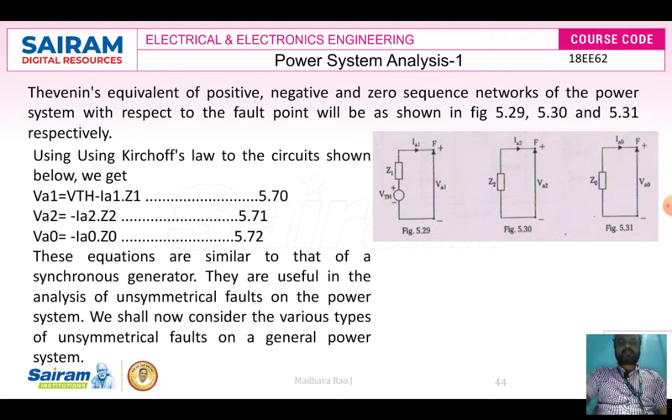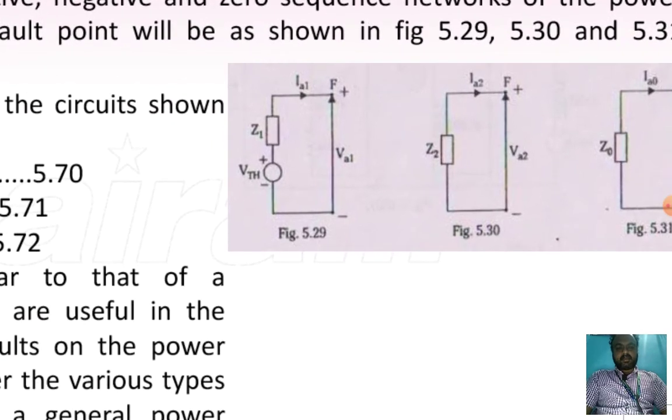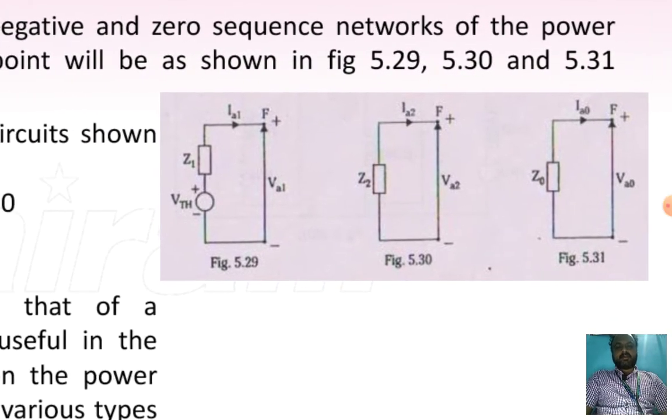Okay, here we can see Thevenin's equivalent circuit for positive, negative, zero sequences as shown in this figure. So here the first figure shows the positive sequence network for Thevenin's method, the second shows the negative sequence, and the third shows the zero sequence network.